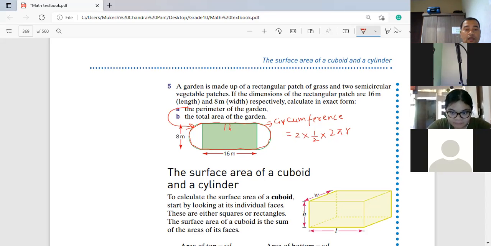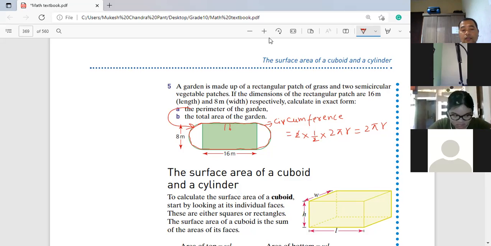Circumference of a semicircle is half of 2 pi r. So the 2 and 2 cancel, and this is simply 2 pi r. This semi and this semi make a complete circle, so you can write directly 2 pi r.